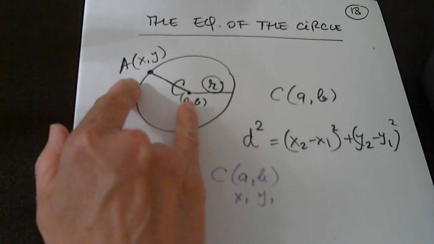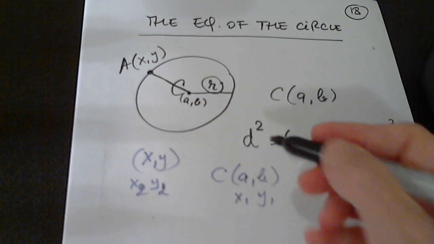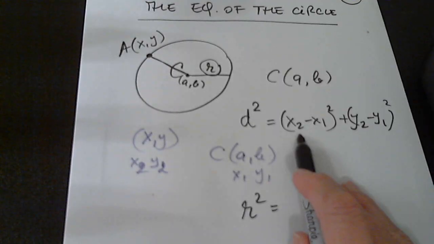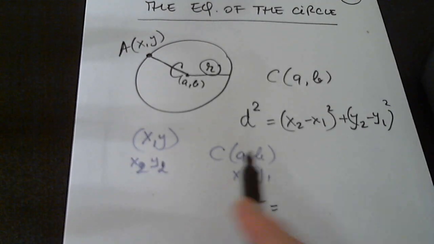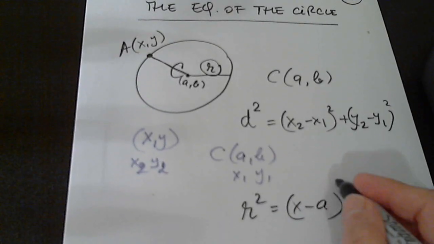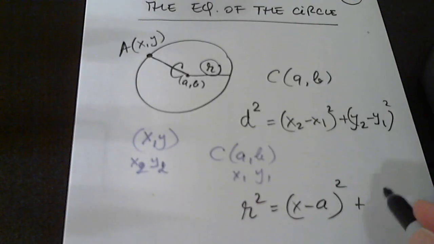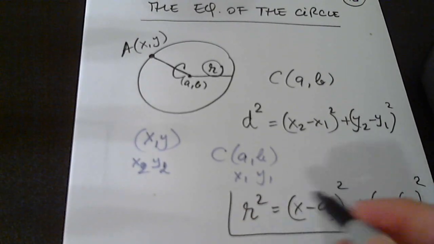That's what the distance is between point A, any point on the circle, and the center. So this piece becomes r squared. What is this piece? x2 minus x1, x minus a, everything squared, plus. What is this piece? y minus b. This is the equation of the circle.